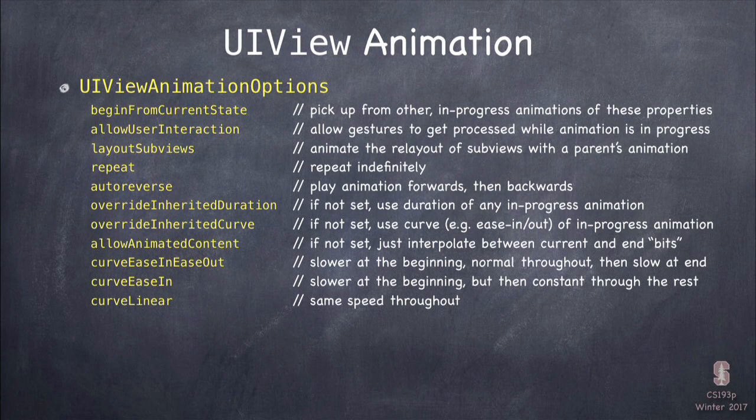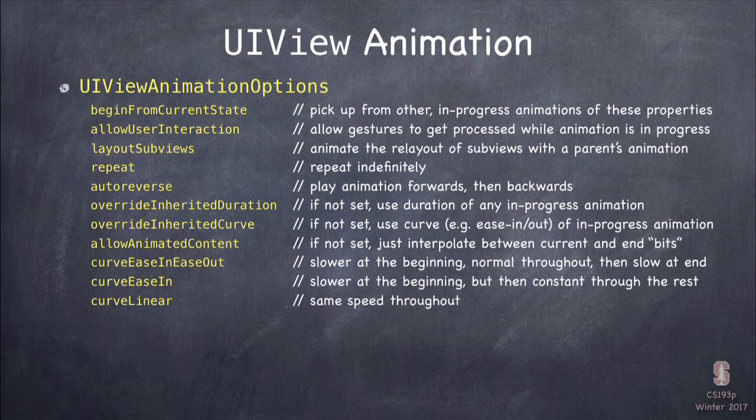All right. Here's some of the options we can do when we animate. I talked about the curve linear, which is at the very bottom. Right above it, you see curve ease in, ease out, and curve ease in. These basically make it so that instead of just linearly going from the start value to the end value of that var change, it starts off slowly, then goes up to normal speed, and then slows down at the end. Now, why do you want this?